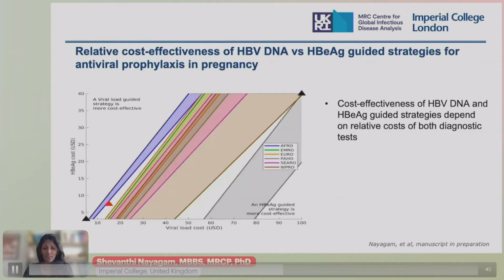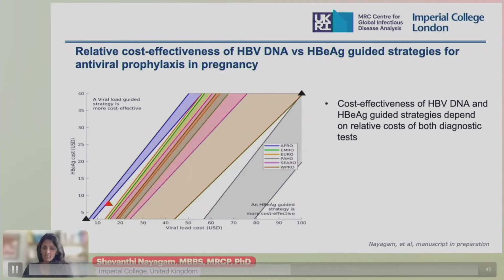This is part of the same study where we look at the relative cost effectiveness of the DNA and E antigen guided strategies. And really, it depends on the two and what your country has access to in terms of viral load costs and E antigen.